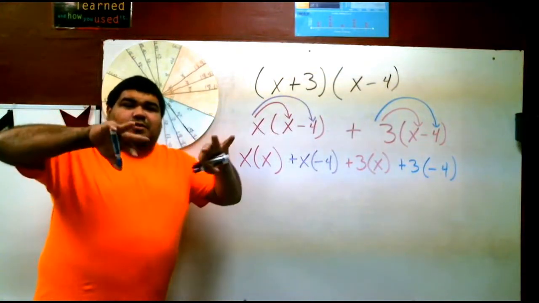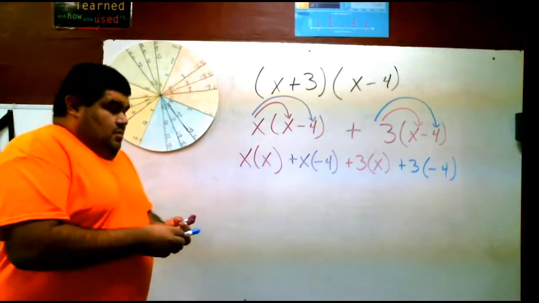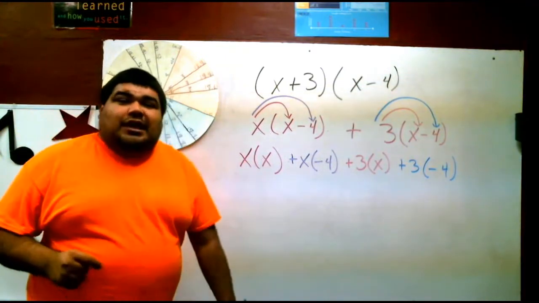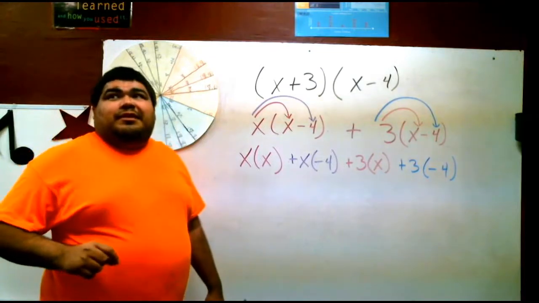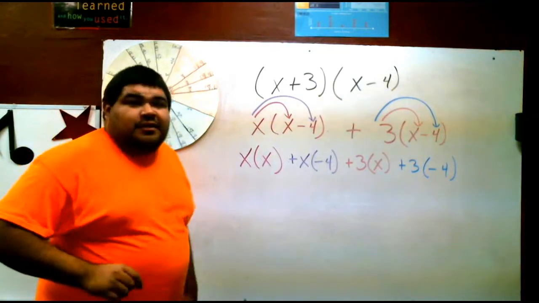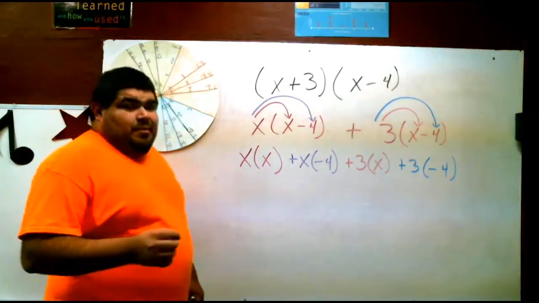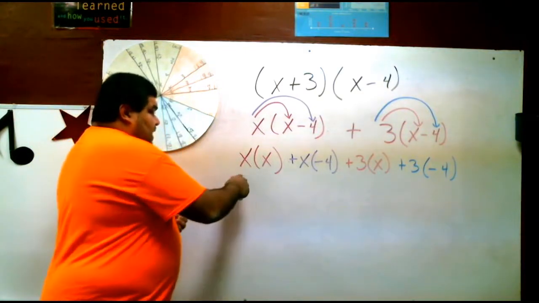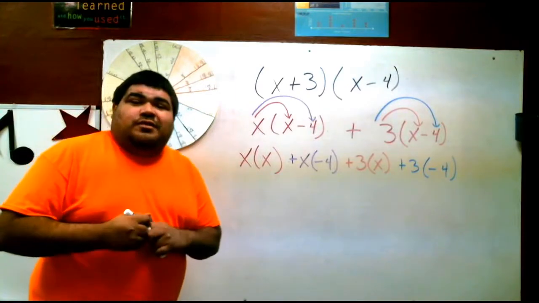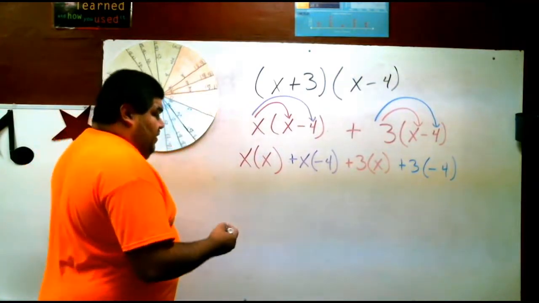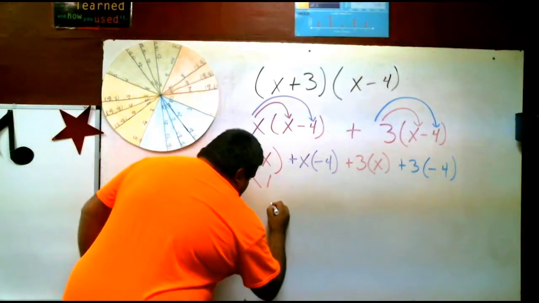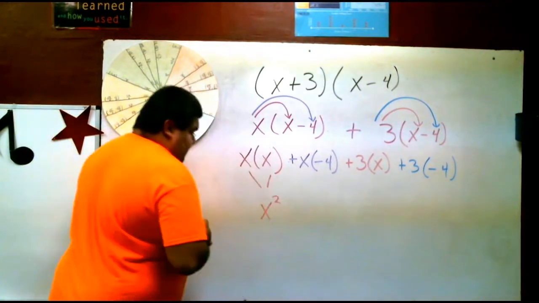We're breaking it all apart. So we have x times x. If you remember from the last 6 weeks, you learned how to combine variables: if you have x and x, they both have an exponent of 1, you add them, and you have x squared. So this became x squared.